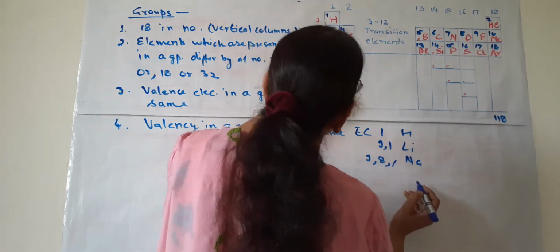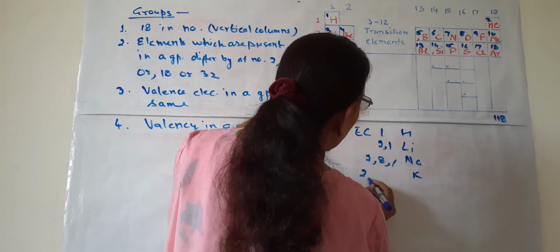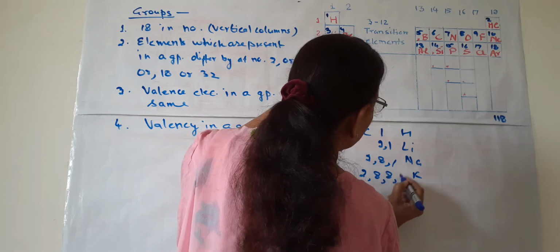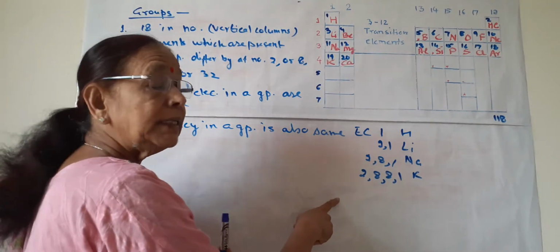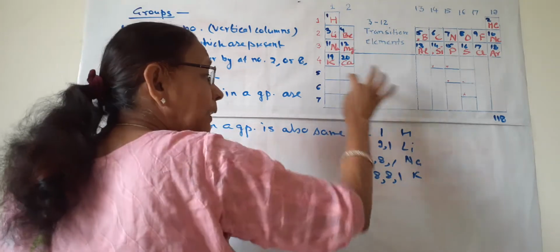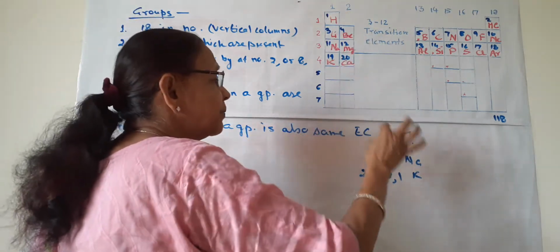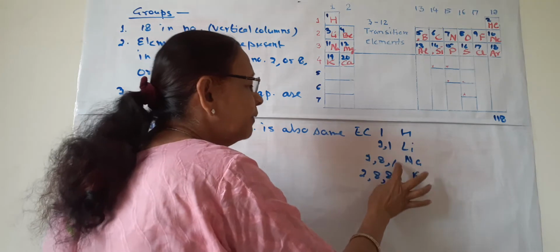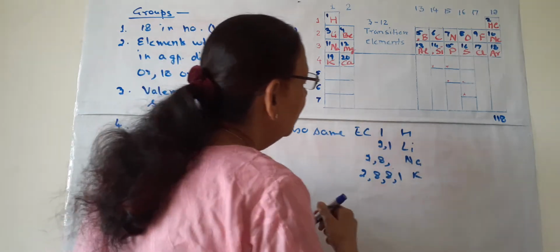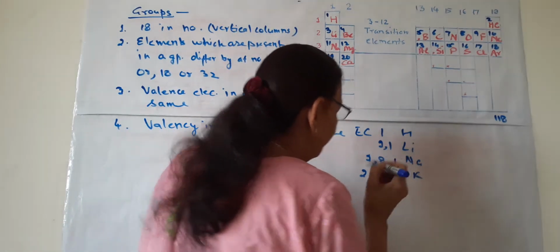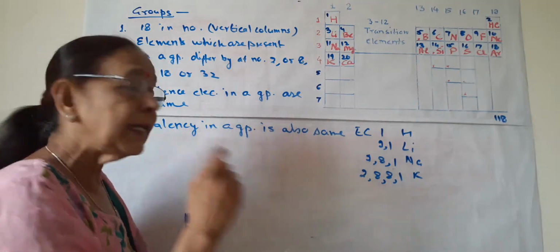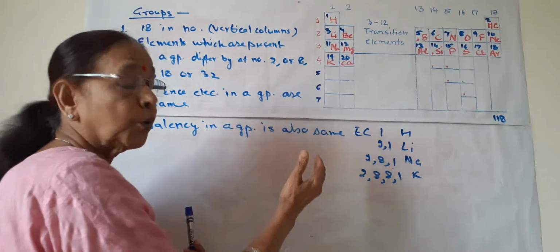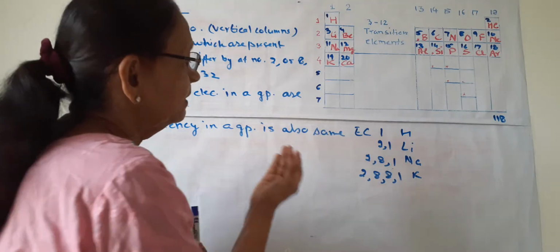Then potassium is 2, 8, 8, 1. So what does it show? The electronic configurations show that all the elements of the first group have 1 electron in the valence shell. So the valence electrons are the same in a group. And what about the valency?